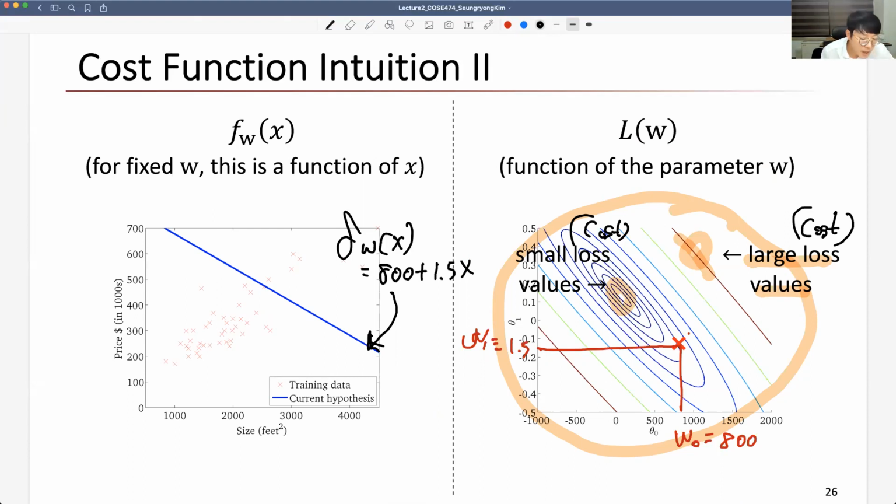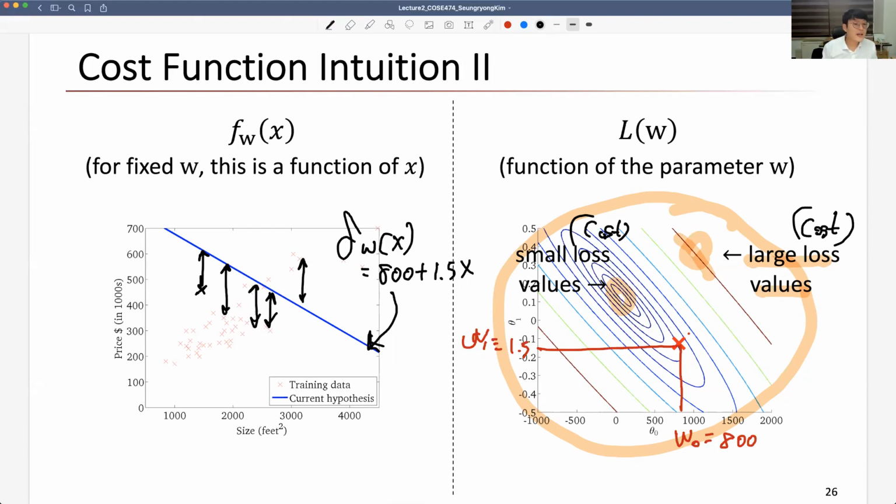Here, we can similarly compute the distance between the ground truth y value and the estimated value, something like this, right?